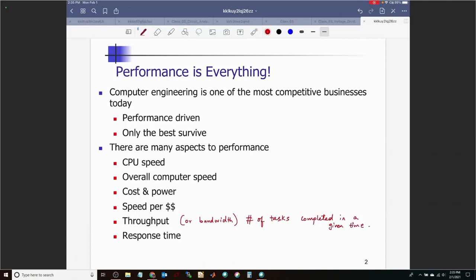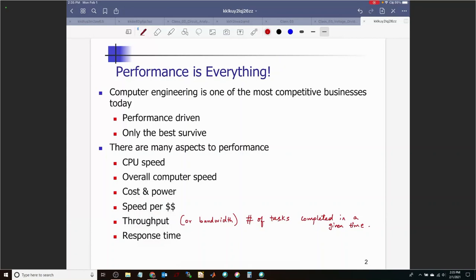Right? How many tasks is my computer able to finish in a given amount of time? That's throughput. So sometimes a computer, or a user, might be interested in increasing throughput as much as possible.